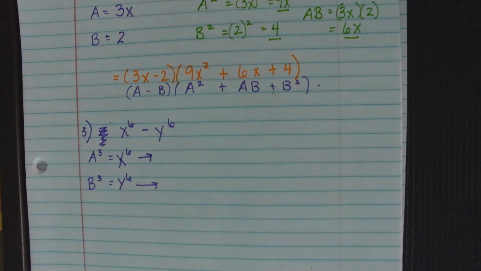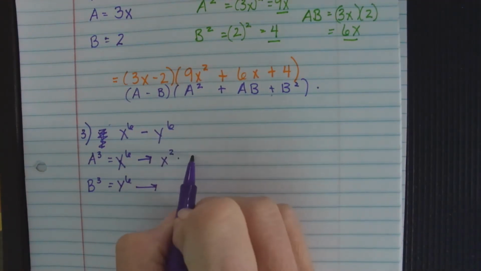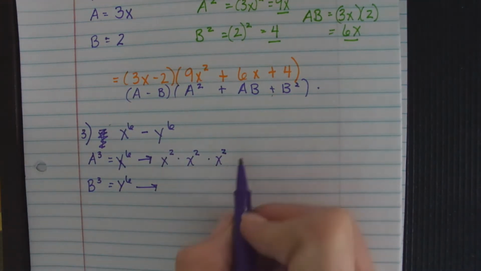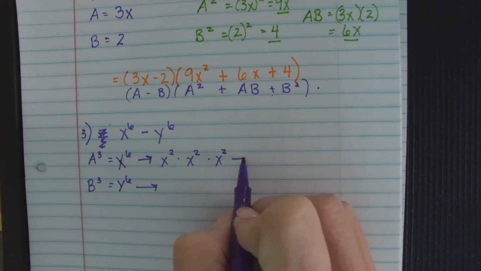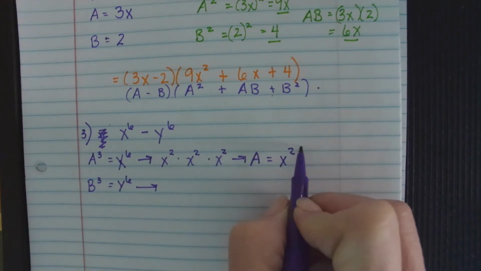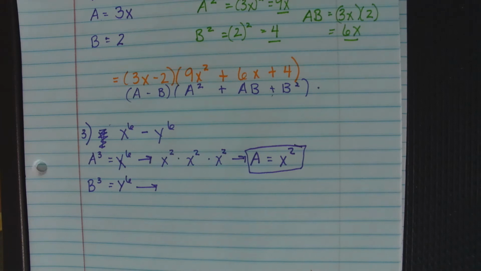The cube root of X to the sixth. You have the rules of exponents. The base is X. You add these exponents, 2, 4, 6.